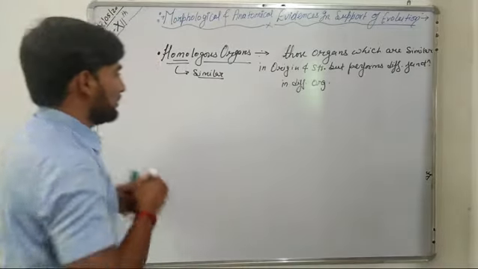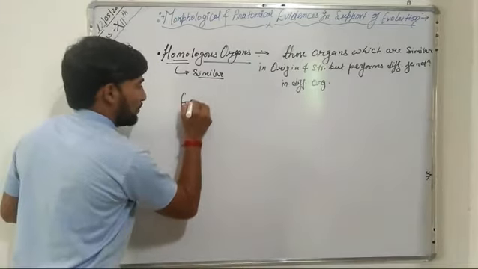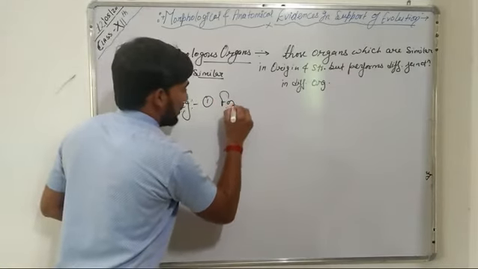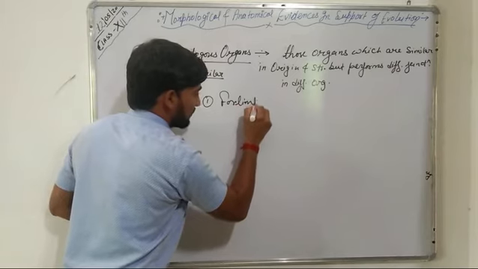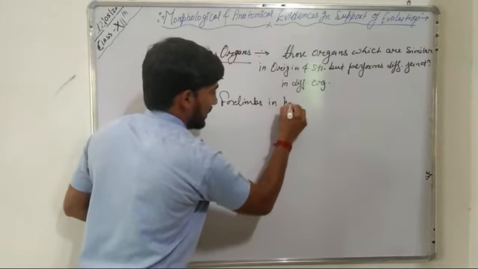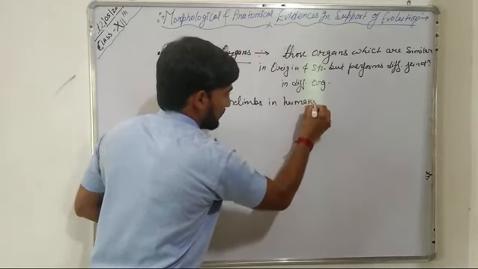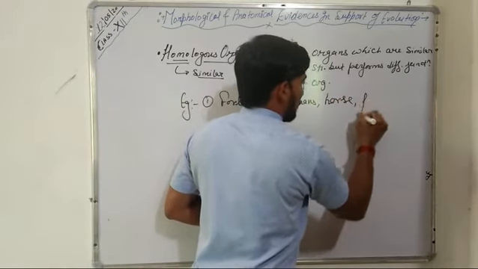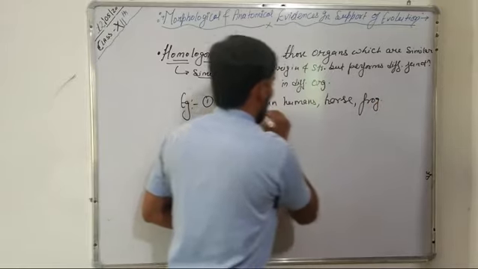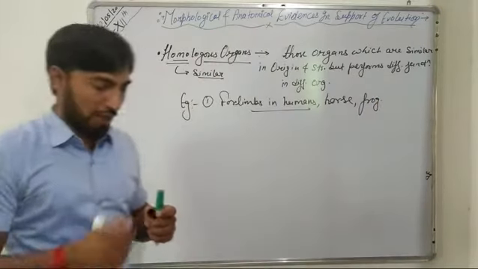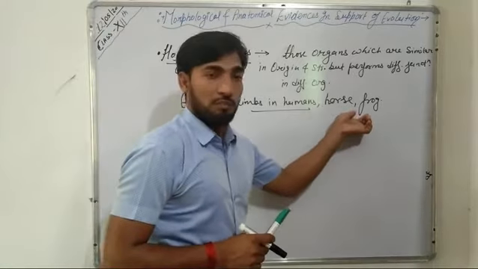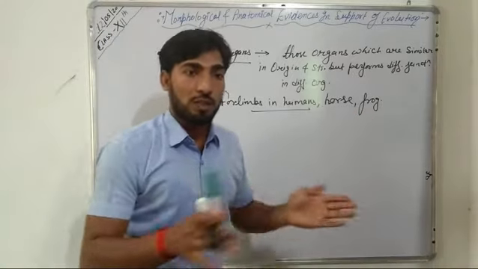For example, the first example of homologous organs is the forelimbs in humans, horse, frog. They all have pentadactyl structure and their origin is also the same. But in all these organisms, the forelimbs perform different functions.